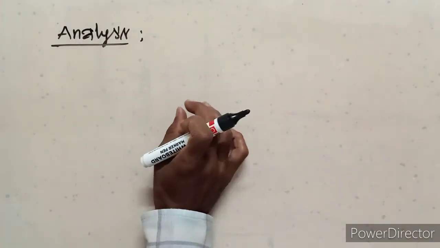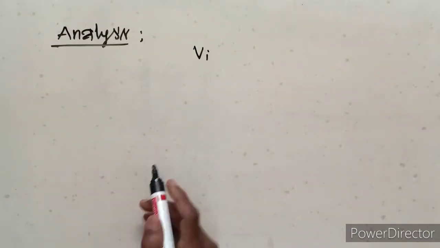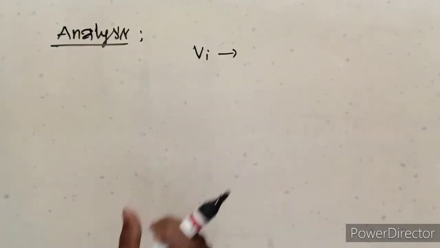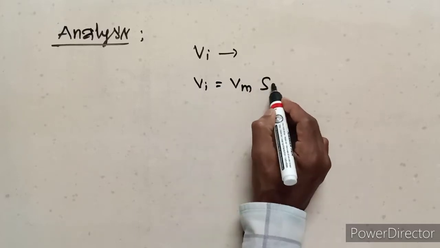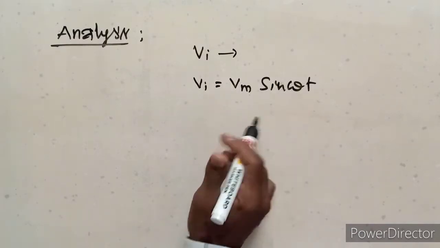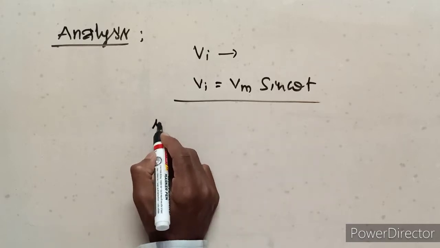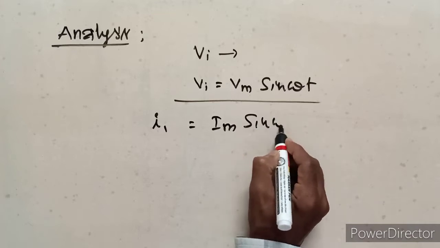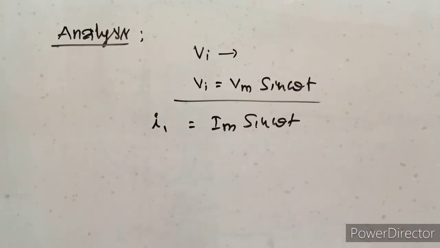Analysis. Consider the sinusoidal voltage Vi applied as the input of the rectifier, so that Vi equals Vm sin omega t. In the same way, the current I1 equals Im sin omega t.